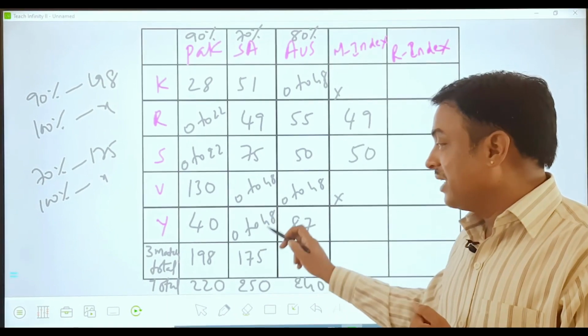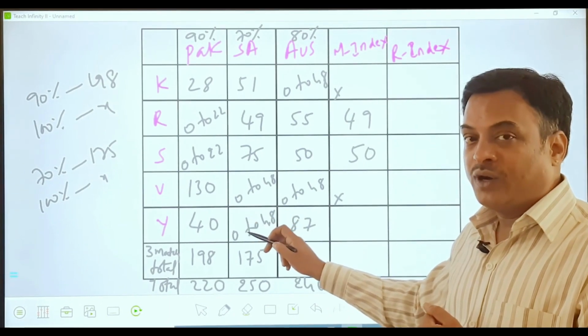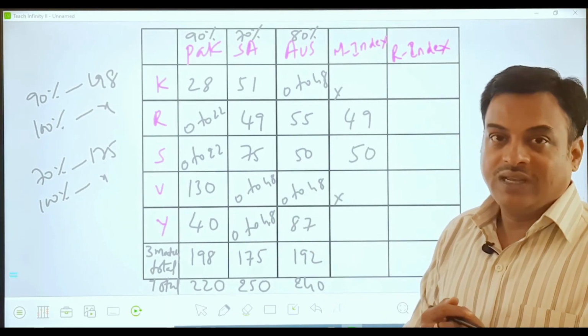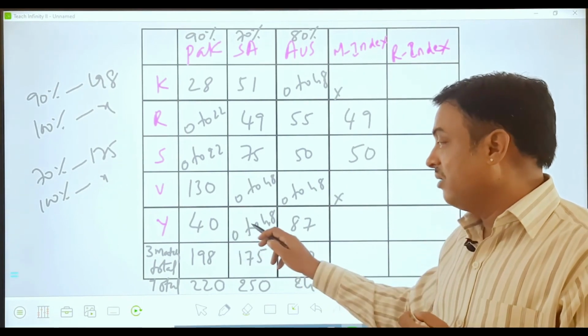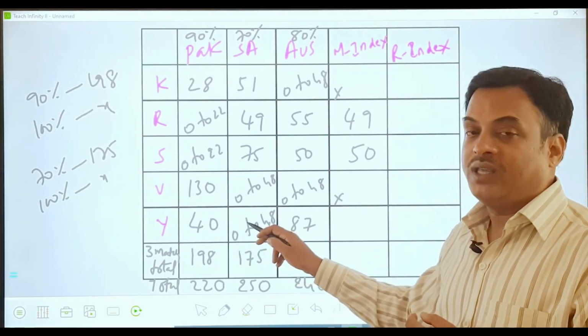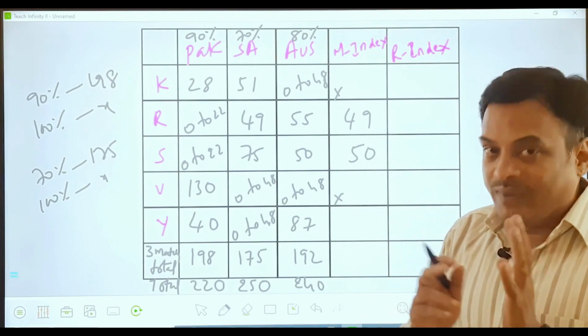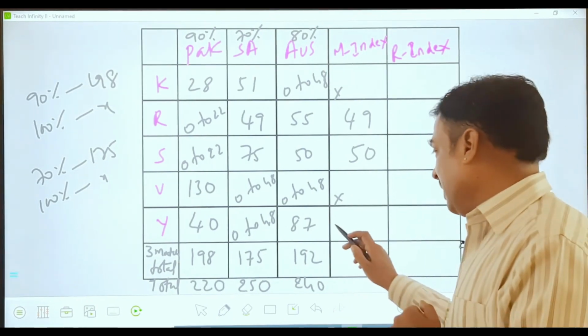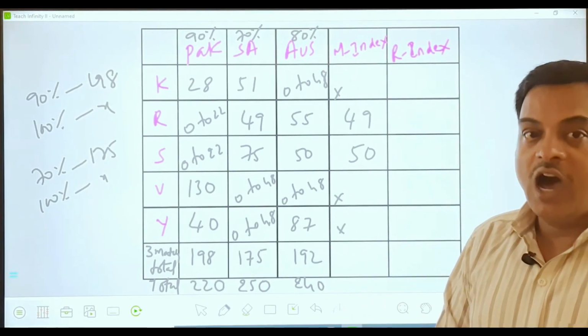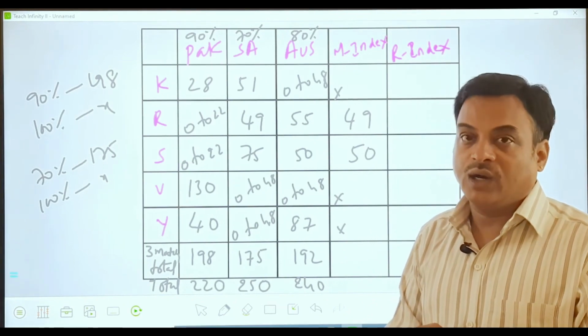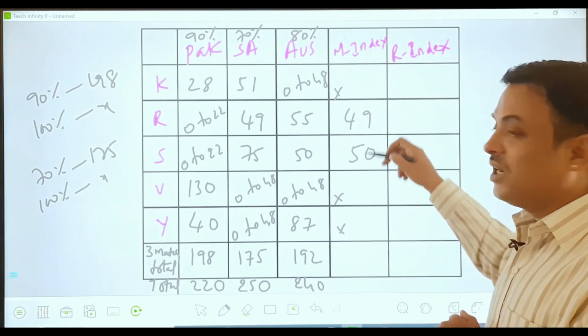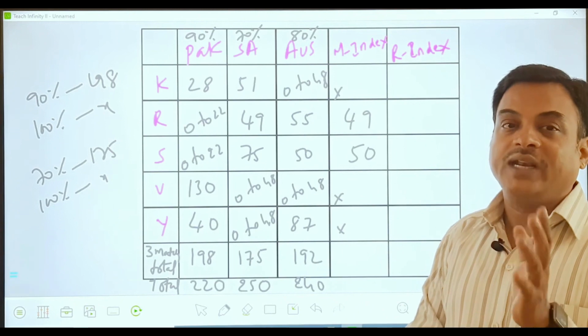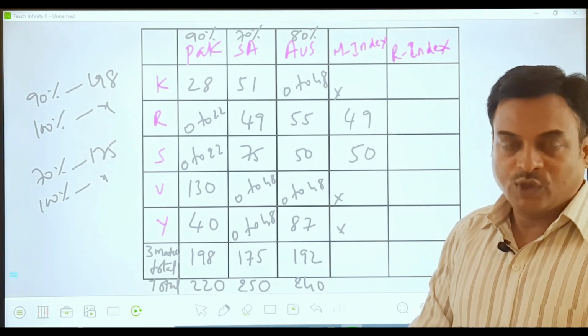So here the number can be less than 40 or equal to 40 or greater than 40. Exactly the number here will be less than 40 or greater than 40, we can't say. So M index value we cannot find out. So suppose if there is a question, how many M index numbers we can find out, then I can certainly say there are 2 cases where I can say M index number is possible. Okay.